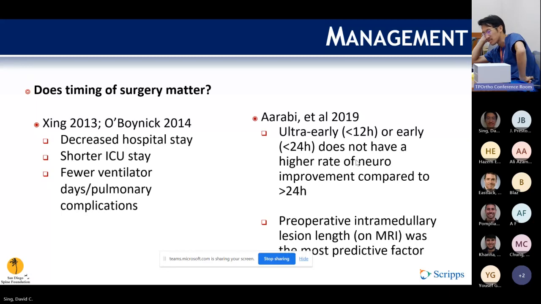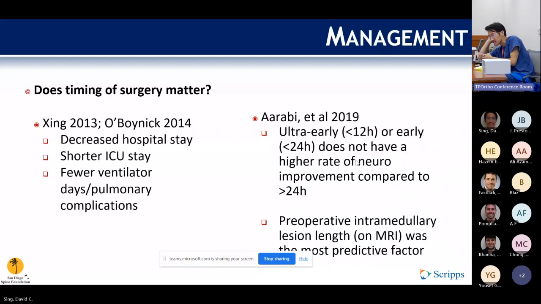Waiting too long isn't necessarily good, but going too early before the inflammatory acute phase has resolved can also increase your risk of complications. So the timing of surgery is still a little bit controversial. I think having the ability to do the surgery within 24 hours of injury is probably desirable for all parties.